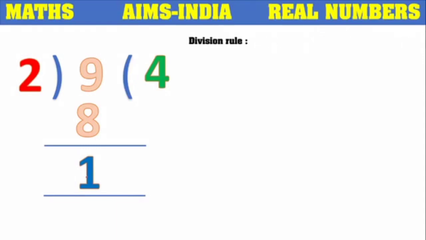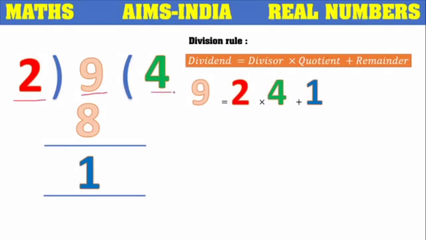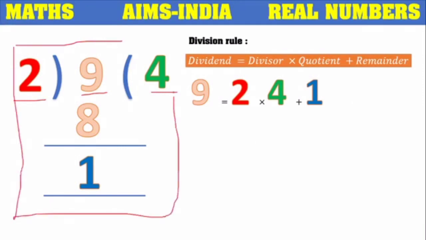So this normal division, according to the division rule, how can we write it? Dividend equals divisor into quotient plus remainder. This is the division rule. From this division, here the dividend is 9, the divisor is 2, the quotient is 4, and finally the remainder is 1. So we can represent this division in the form of the division rule.